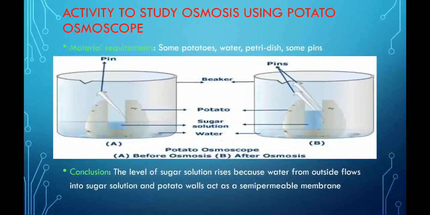Okay, so now the conclusion is, the level of sugar solution rises because water from outside, it means from the beaker, flows into the sugar solution, it means into the potato, and the potato wall acts as a semi-permeable membrane. And here the process of osmosis we have seen.